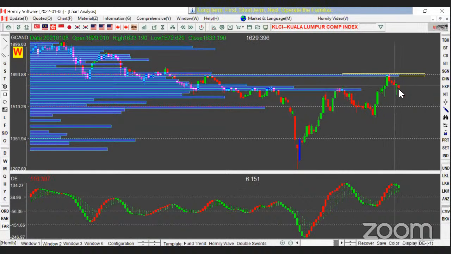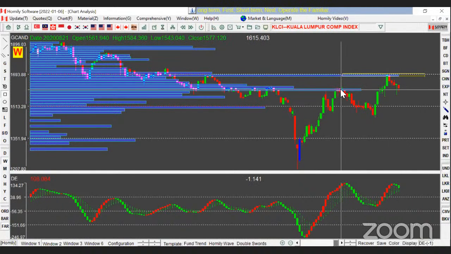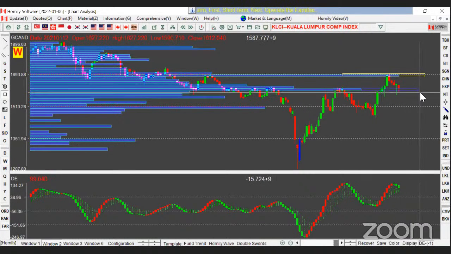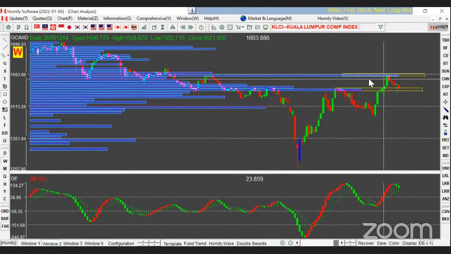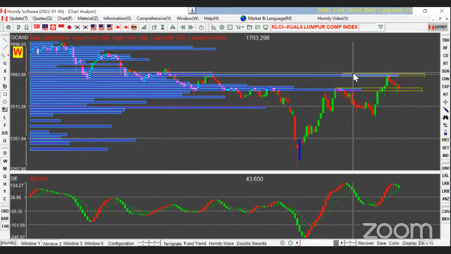So drop. Now the price is at support around the 1,610. This level I have talked about for a very long time, right? So every time I check the performance for KOCI, I talk about this level and this level, these two levels. Okay, so now the price gets support here. As long as the level can hold, maybe in future the price would challenge the strongest resistance here again.